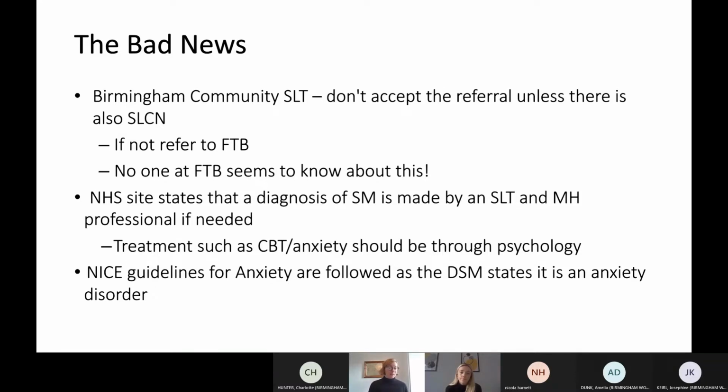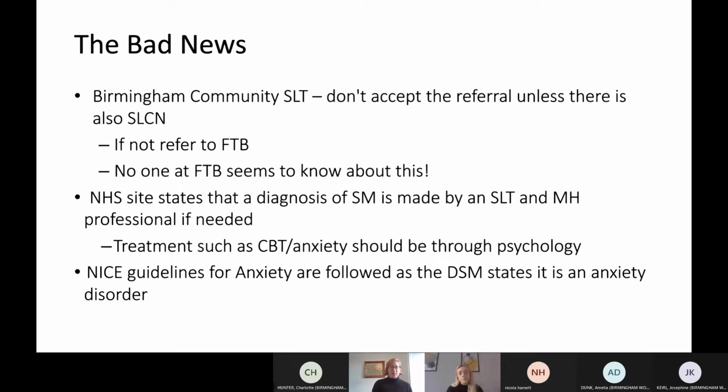So on the NHS website, it states that a diagnosis of selective mutism is made by a speech and language therapist and another mental health professional if needed. So already we've got an enormous barrier to children getting any kind of assessment and intervention, because in the first place they need to be seen by a speech and language therapist, and Birmingham Community doesn't accept the referral. Treatment such as CBT and anxiety work should be done through psychology.